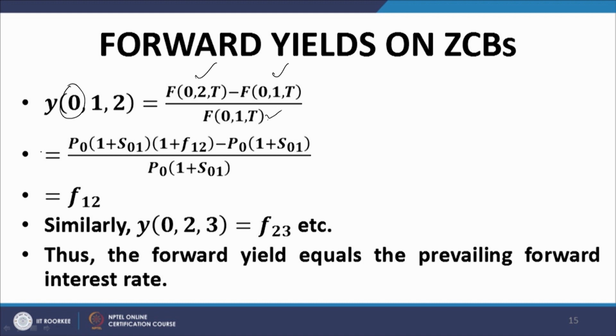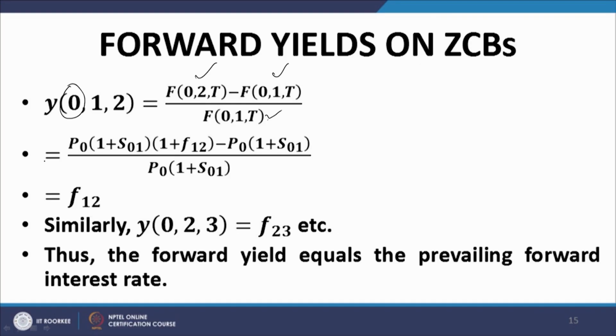That is, the yield calculated at t equal to 0 corresponding to prices of a bond as determined at t equal to 0 for t equal to 1 and t equal to 2. That is the yield for the period t equal to 1 to t equal to 2, and when you substitute the respective values, that turns out to be the forward rate between t equal to 1 and t equal to 2. So, forward yields equal the forward rate, as indeed it should be.